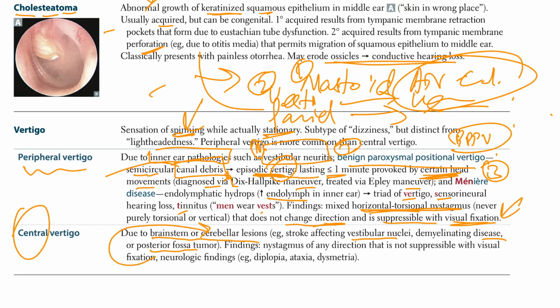Findings are nystagmus of any direction, basically nystagmus that is not suppressible with visual fixation. If it is suppressible with visual fixation, you're going to think about Meniere's disease, right? And neurological findings are also there, like diplopia, ataxia, dysmetria. These neurological findings are due to the fact that you are messing up your cerebellum. So this is going to be all for this one.